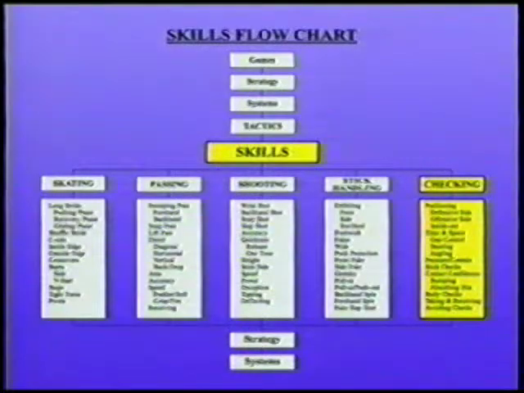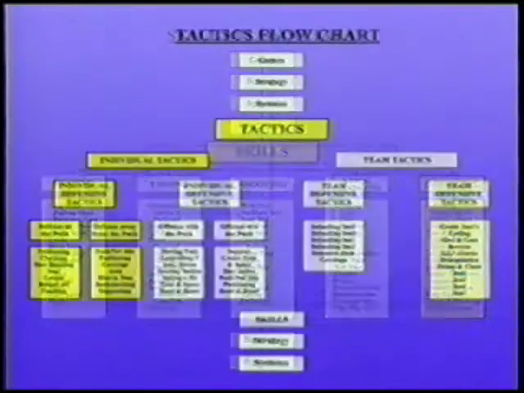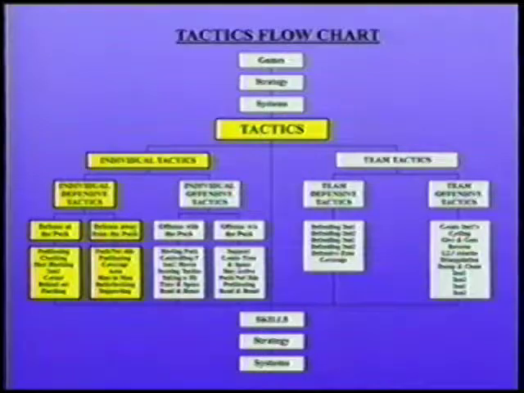There is a technical or skill side to checking and a tactical or tactic side to checking. This video series is only concerned with the technical checking principles or checking skills. To see how these skills are used in recurring game situations, get my videotapes on individual defensive tactics.